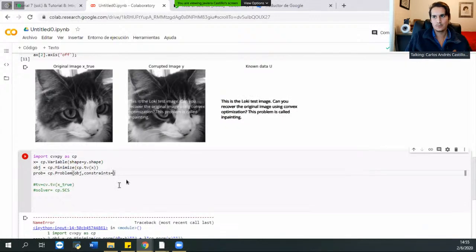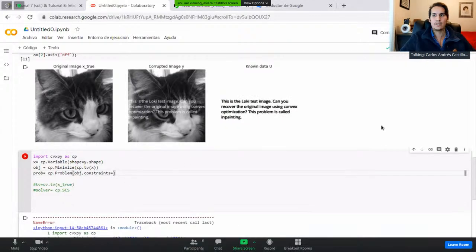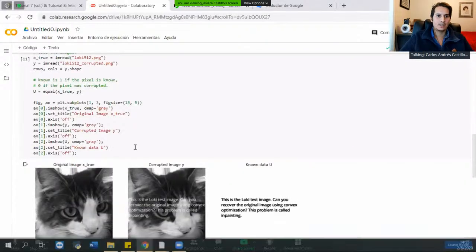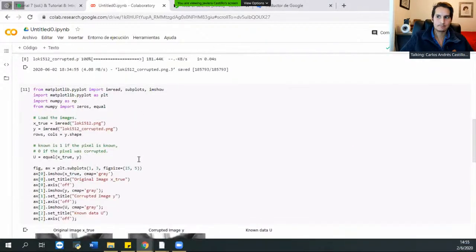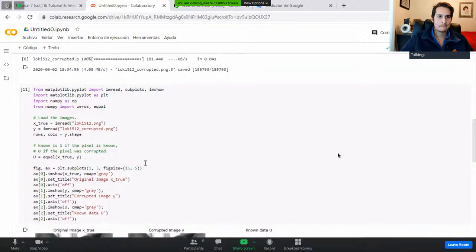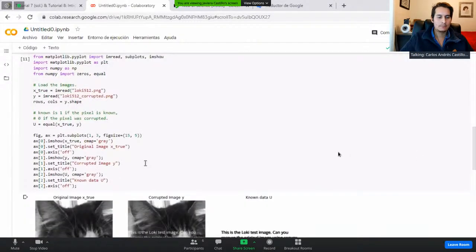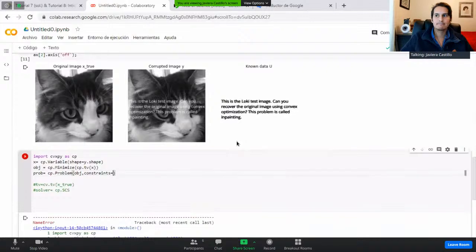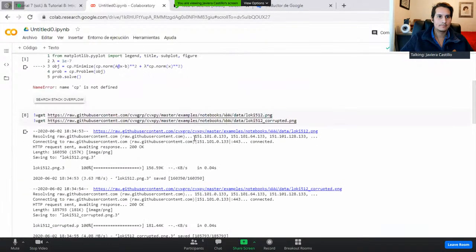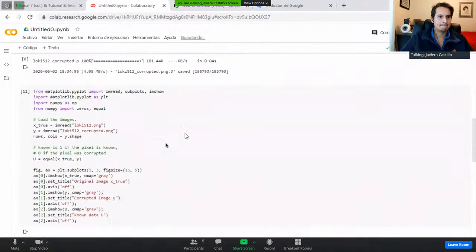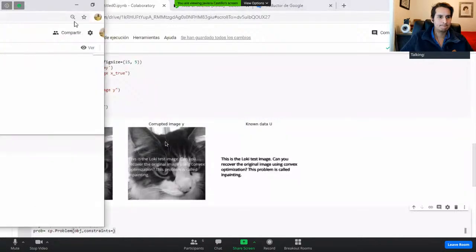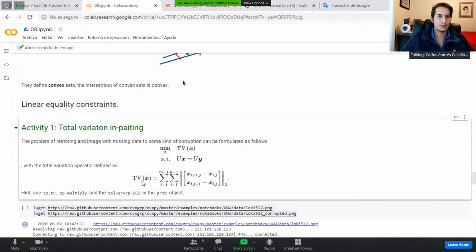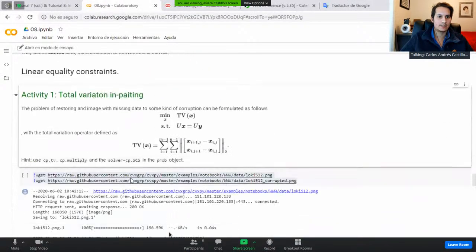If you go back and try to see, the constraints are the part that are at the right of the subject to. A little bit more up. Okay, so there you have your constraints.